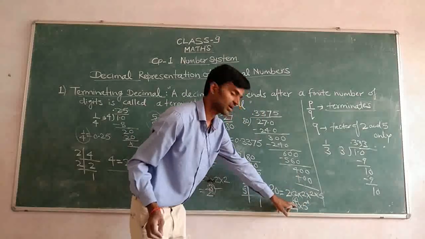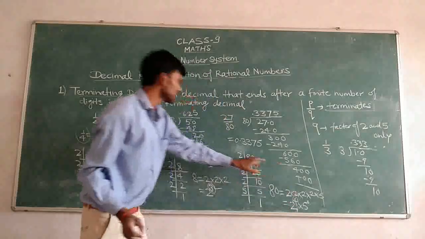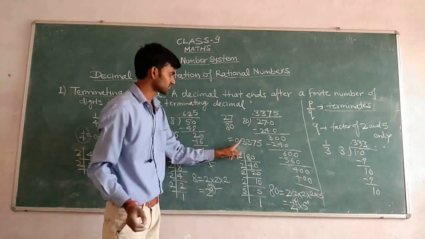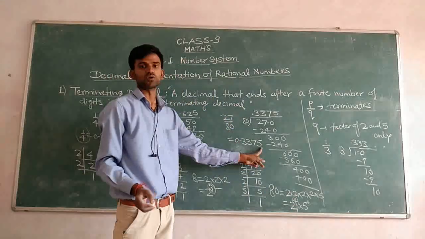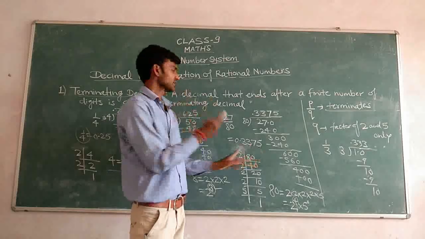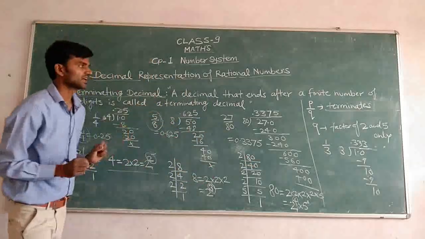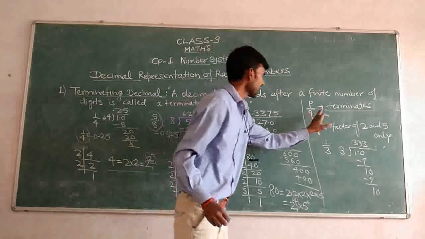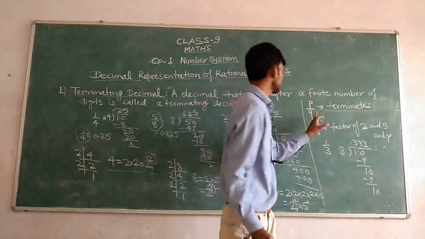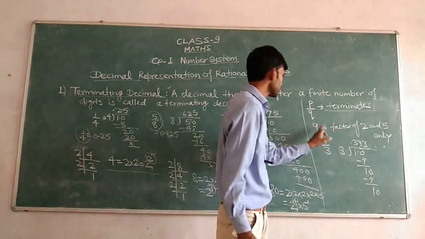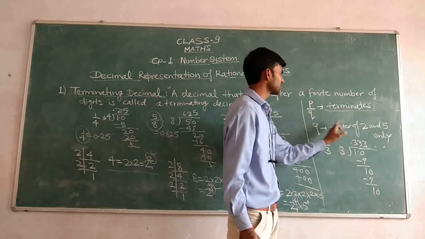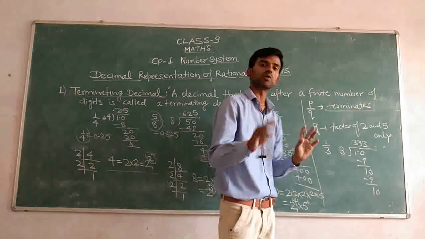The maximum power is 4, so it will terminate after 4 decimal places. 1, 2, 3, 4. So these are two important rules for terminating. The first one: any rational number terminates when the factors of its denominator are 2 and 5 only.